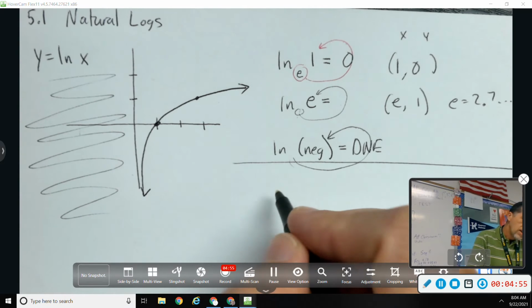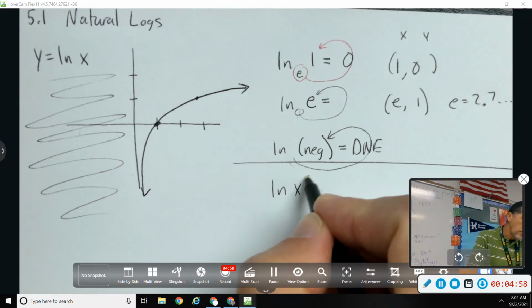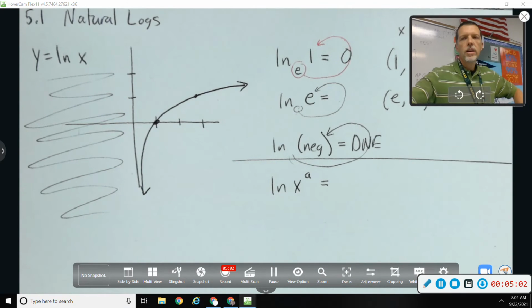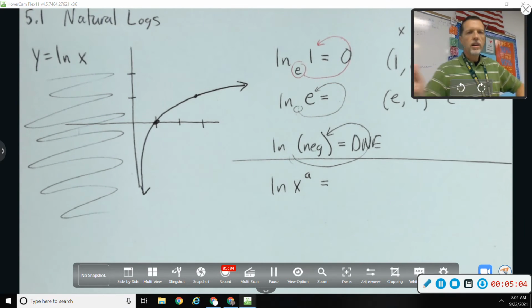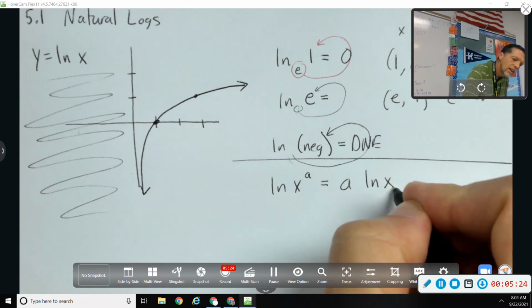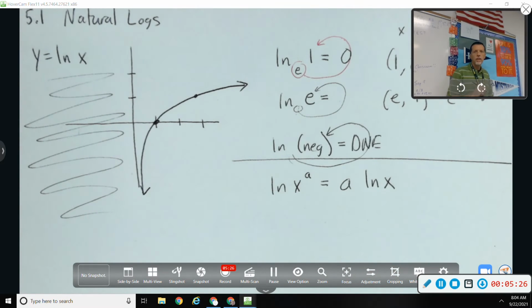See if we remember the properties of logs. Natural log of x to the a. You remember what you can do with that? Do you bring it to the front? You can bring it to the front. So again, none of this is calculus.